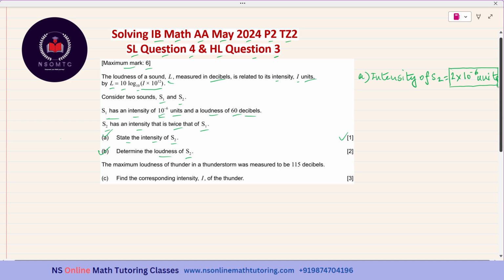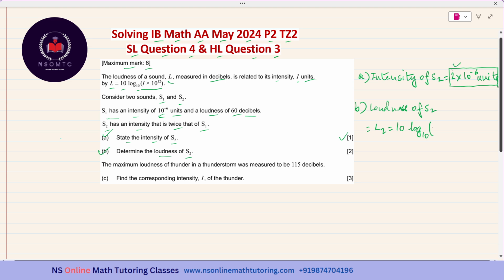Part B, loudness of S2, maybe this is L2. This will be equal to 10 times log to the base 10. And what is I2?